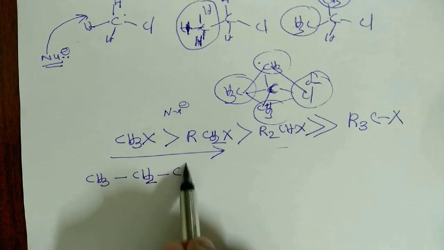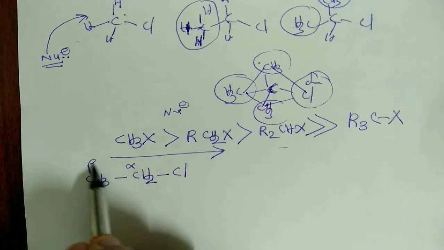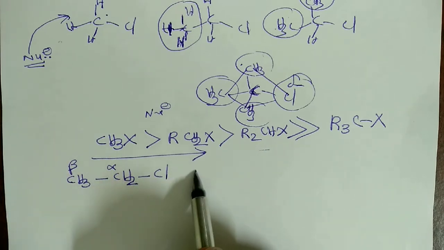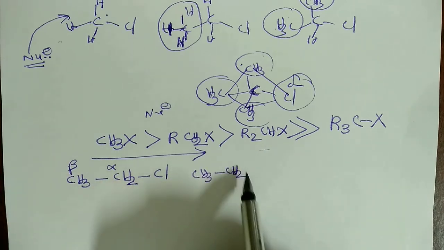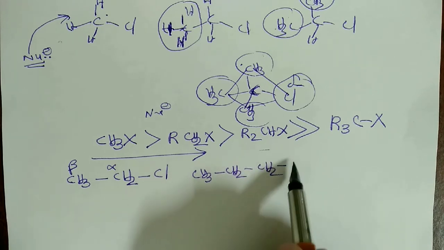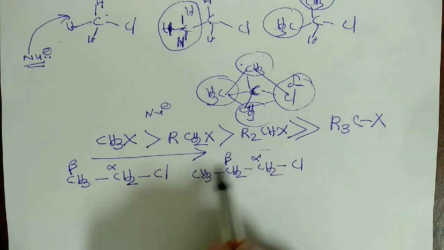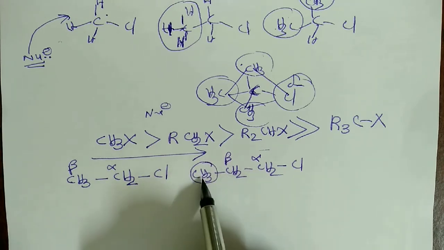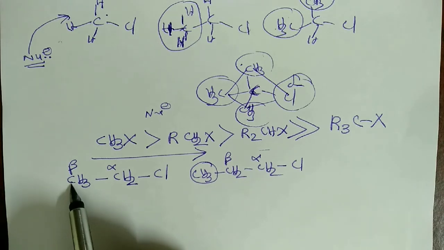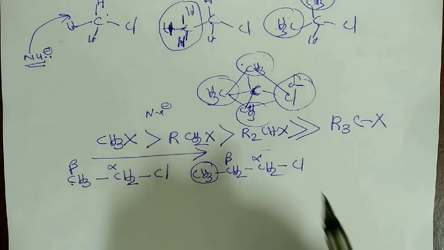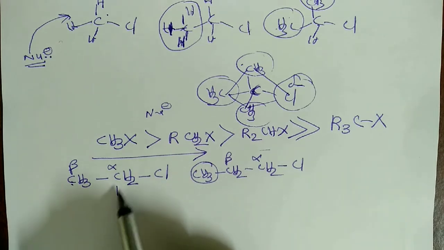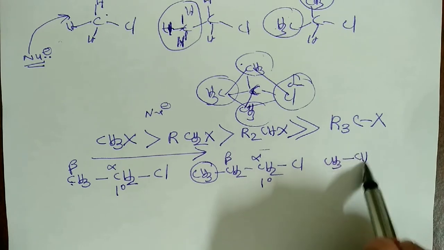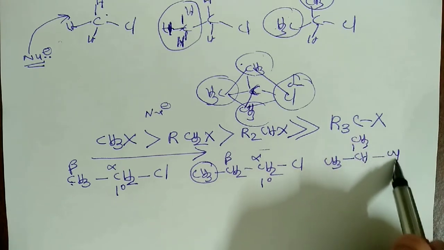Steric effect is also observed at beta position. This is ethyl chloride. Second compound is propyl chloride or normal propyl chloride. In normal propyl chloride, one of the beta hydrogen atoms is replaced by alkyl group. These are all primary alkyl halides. Now isobutyl chloride.